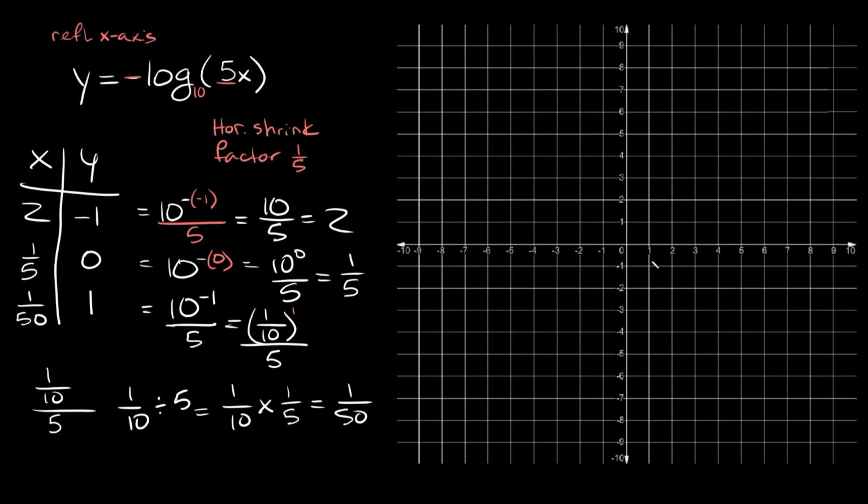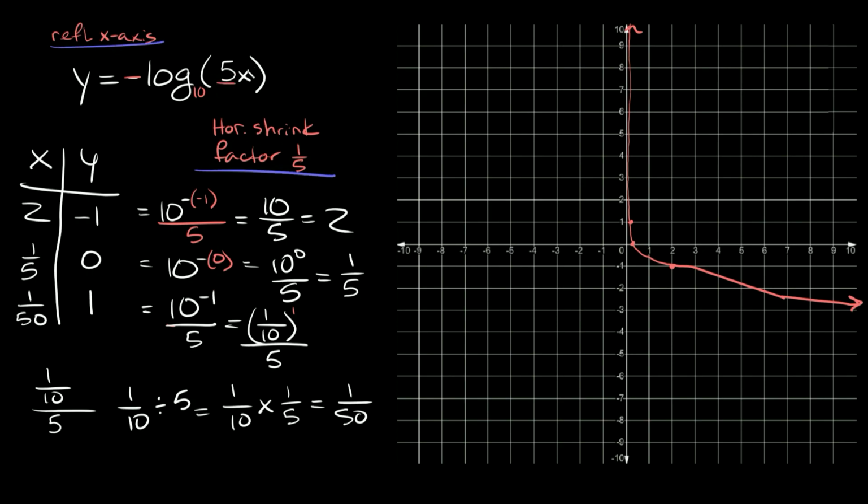Okay, so here are our 3 points: (2, -1), (1/5, 0), and (1/50, 1). We're really close to the y-axis here, but we're not actually going to touch it. If we play connect the dots, our graph is going to look something like that. Now remember, the original function, these were our only 2 transformations.